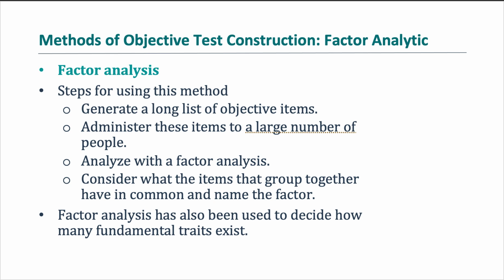And so what we need to do this is we need to generate a long list of objective items, in terms of personality, a lot of objective questions, and then we administer these to a large number of people. We're going to give this to a large number of people, and we're going to analyze, based on these people, what kind of groups are we starting to identify? Hey, these people tend to answer in this way, and they tend to not be very social.